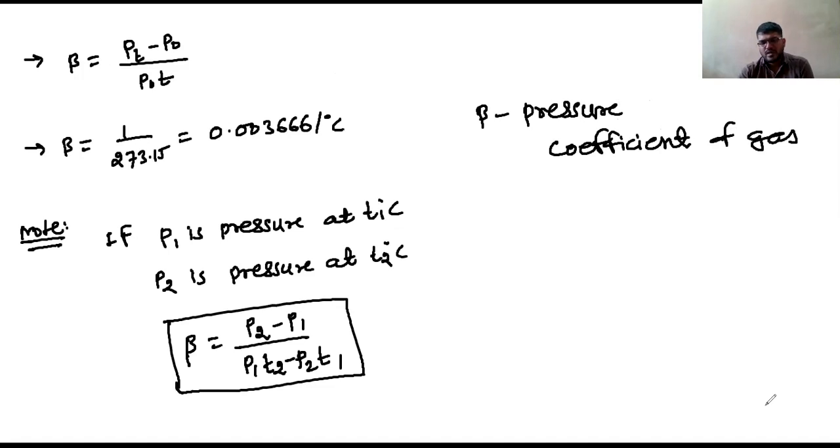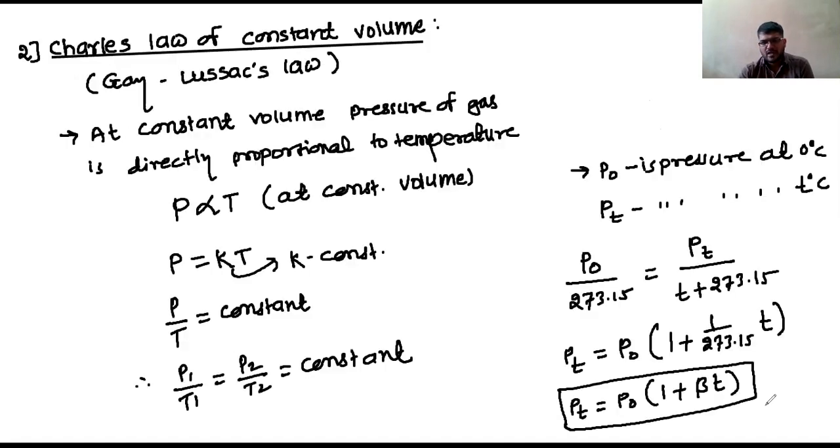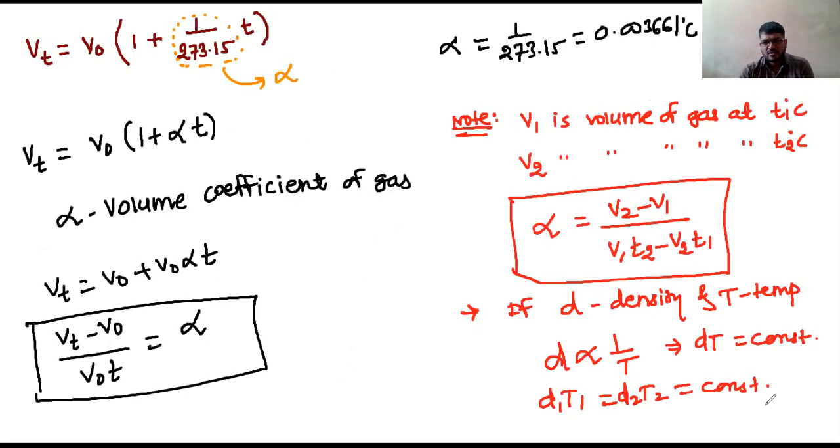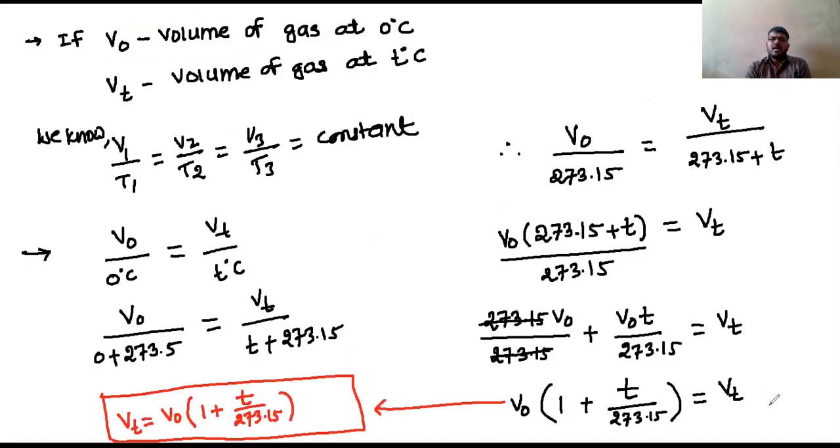So let me take you back for 2 minutes. You see here, as in Charles's law, at constant pressure we can say you got the same thing, and I have derived here how you got this.